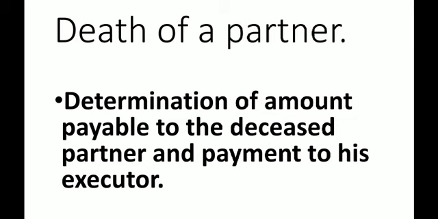But we haven't learned a single lecture about death of a partner, which is our topic today. So we are going to learn about determination of amount payable to the deceased partner and payment to his executor. Executor, as I said, is a person appointed to carry out the legal procedure of a will.